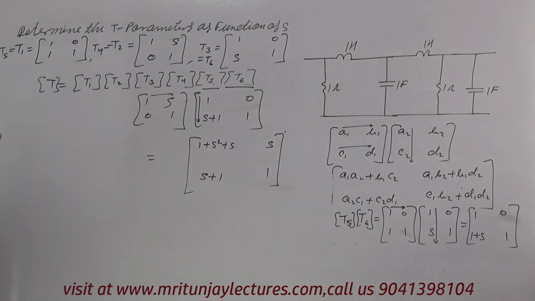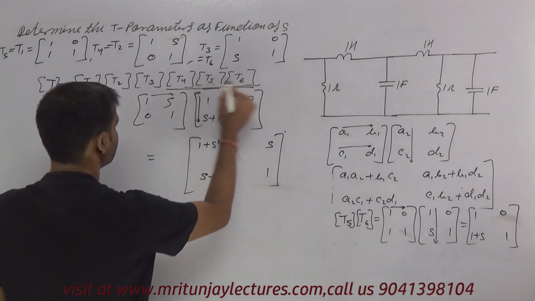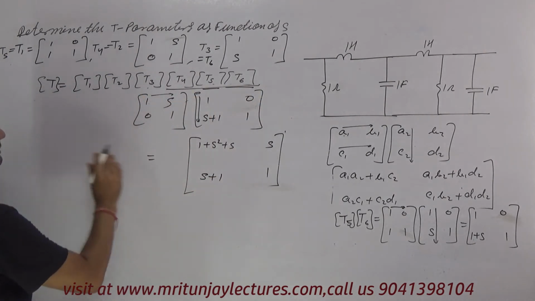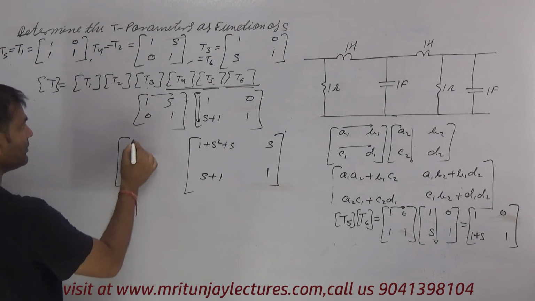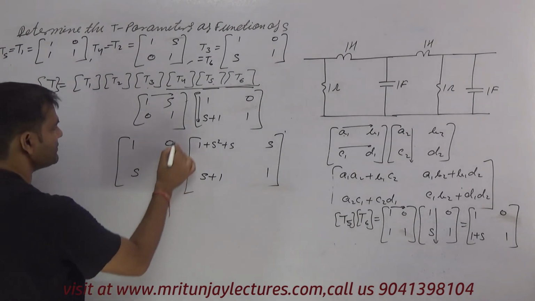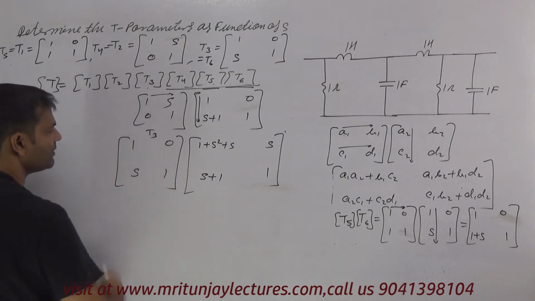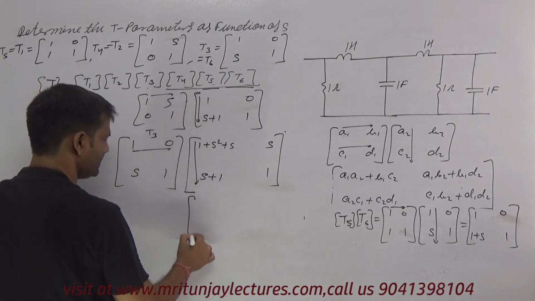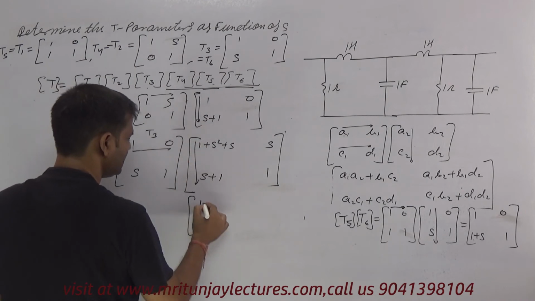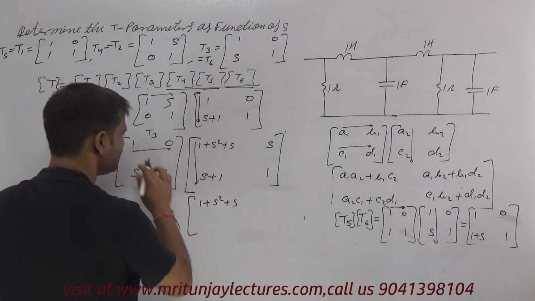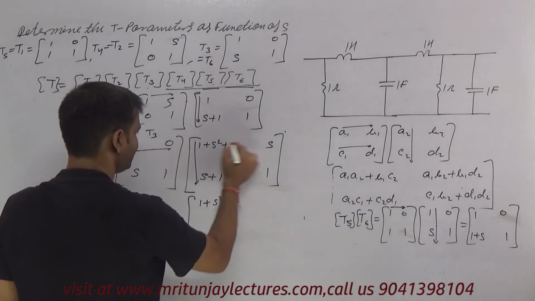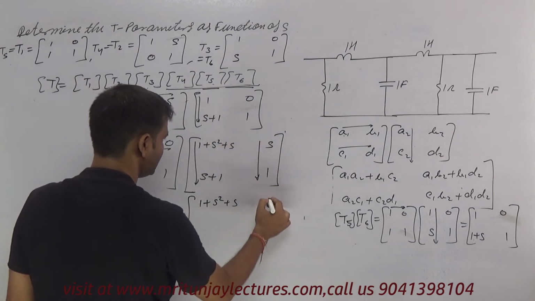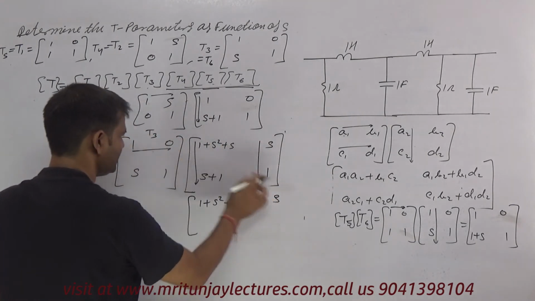Now after that, multiplication with T3, which is 1, 0, S plus 1. Multiplication of this one, we get 1, S square, S. Now this one multiplied here, we get S and 0 into 1.